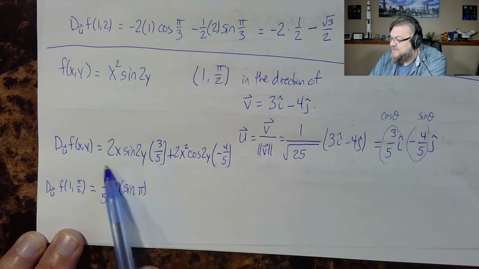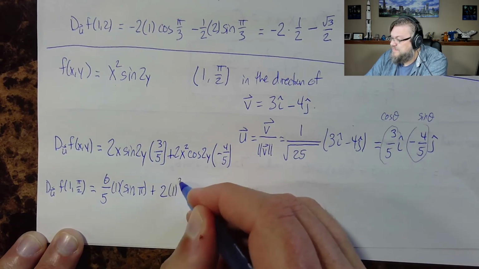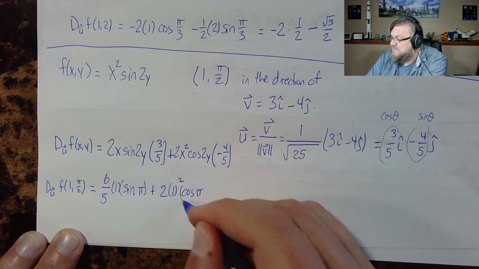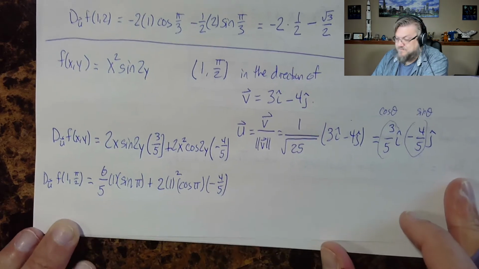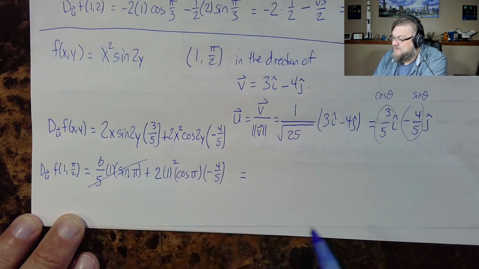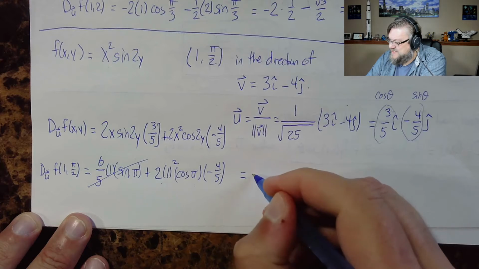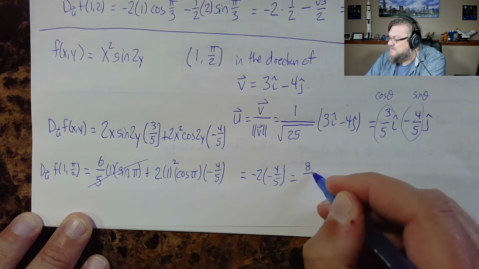I think I took care of everything there, though. Plus 2 times 1 squared times cosine of pi times negative 4/5. Sine of pi is 0. That's gone. Here we get 2. Cosine of pi is negative 1. So that's going to be negative 2 times negative 4/5, which ends up being 8/5.